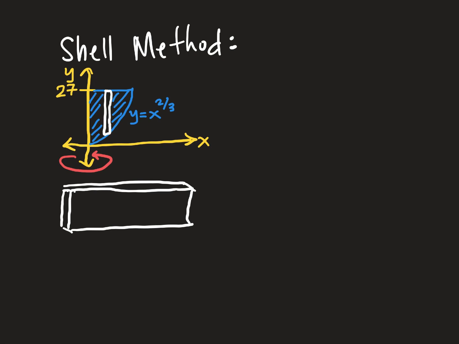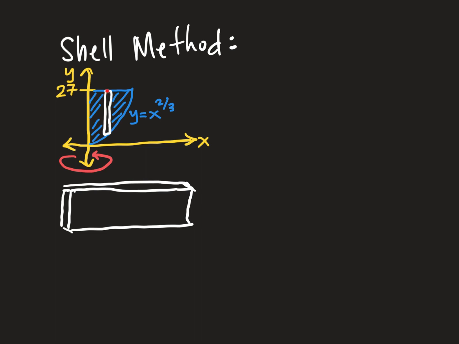The volume would be the product of the dimensions, so I'm going to start with the easiest thing. This dimension right here is equivalent to the thickness of this typical rectangle. What is the thickness here?